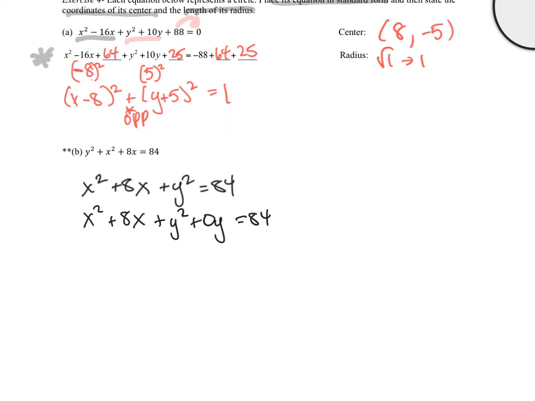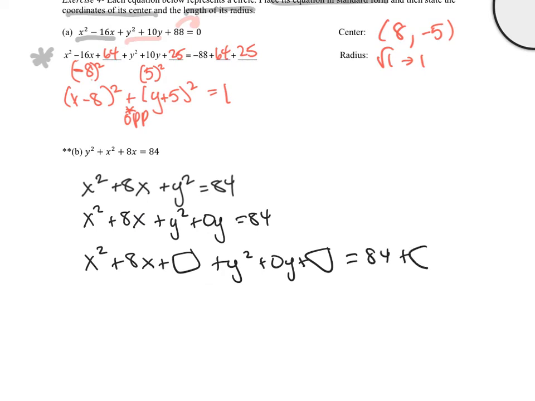Now that I have all that, I'm going to add my spaces or my boxes, whatever you prefer. I've got 2 boxes on the left, I had to put 2 boxes on the right. Half it, square it, share it. Half 0, square it, share it.